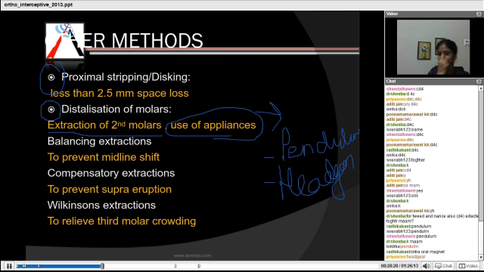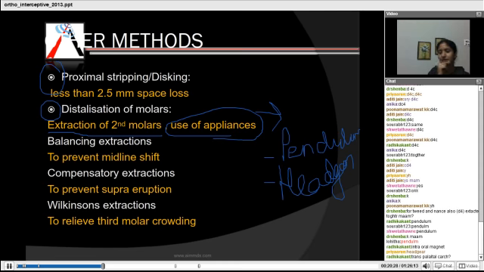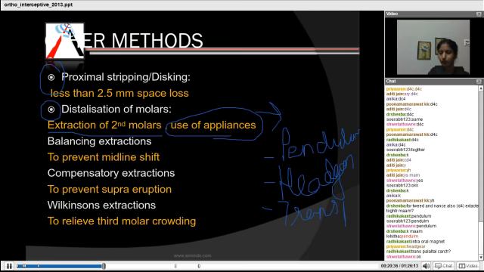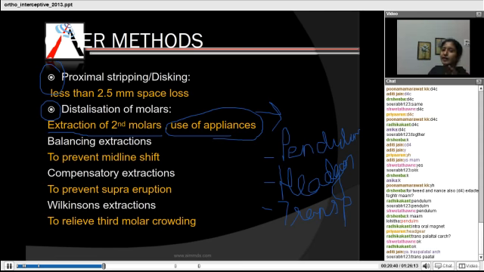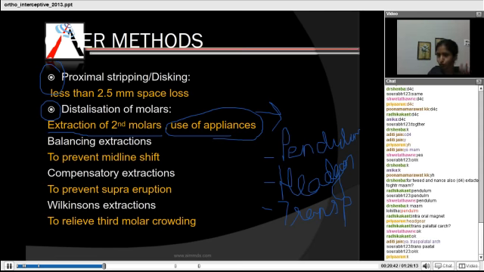Remember, any space maintainer used in the upper maxillary region which, other than maintenance of space, had a function. Yes, very good, transpalatal arch. That was used for distalization of molars. So these appliances can be used. Other than that, you can extract the second molars also.